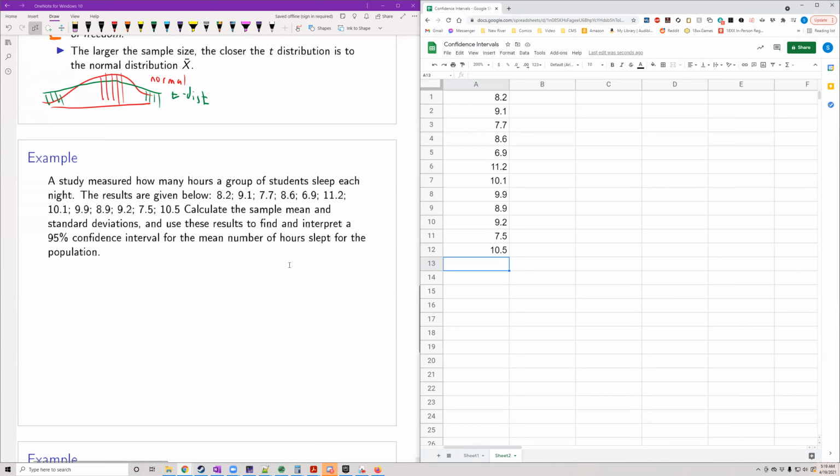confidence interval. Now, before we even do anything, we know we're going to need a t-distribution rather than a normal distribution. And the reason we know this is that nowhere in this information does it tell us what the real standard deviation is. We've got a sample.